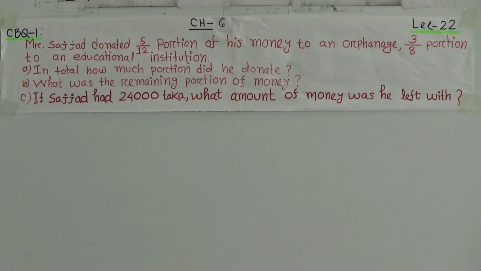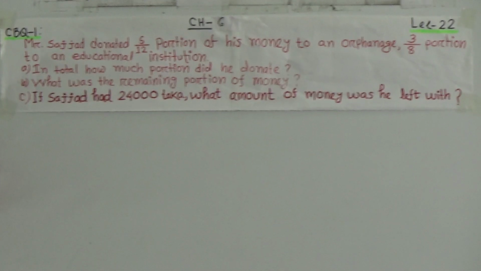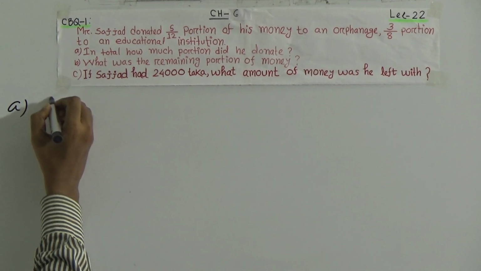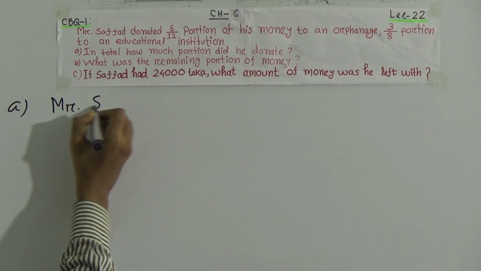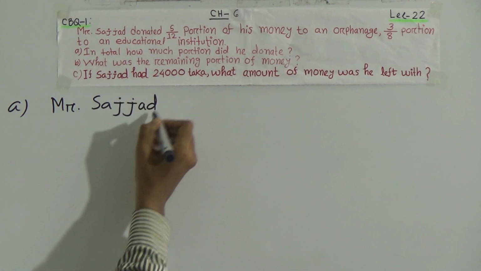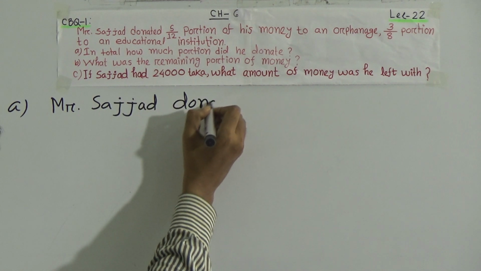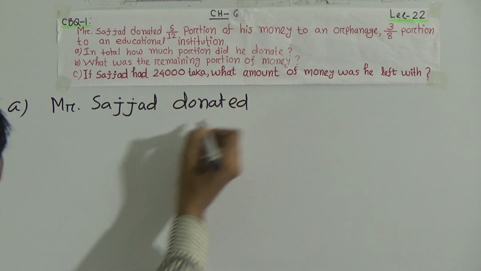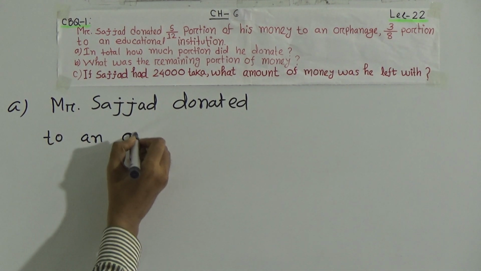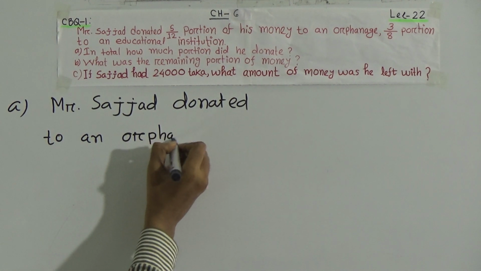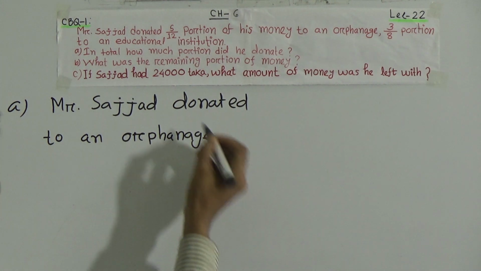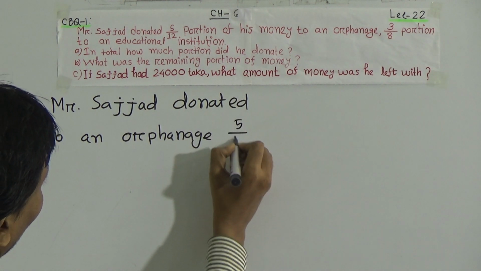Now we will solve. Look, and first look. Mr. Sajjad donated to an orphanage 5/12 portion.